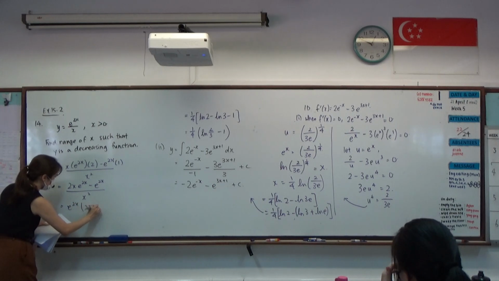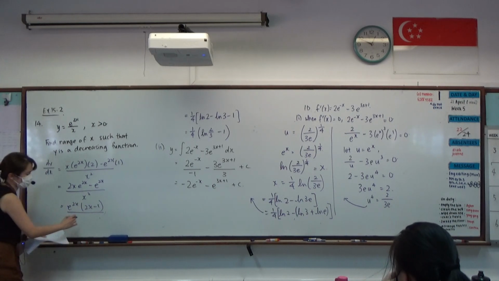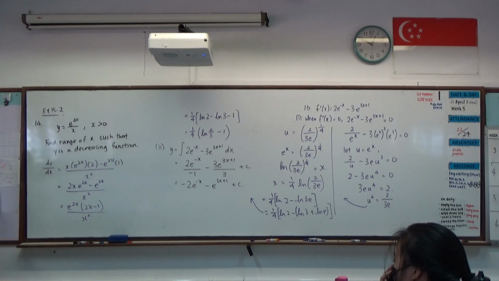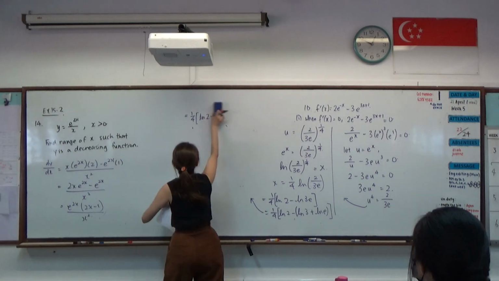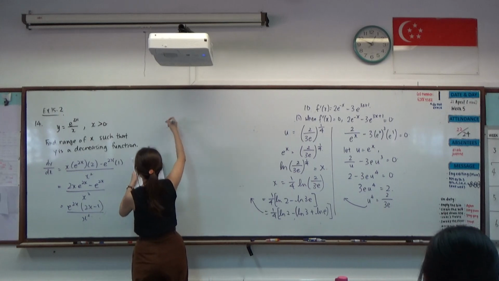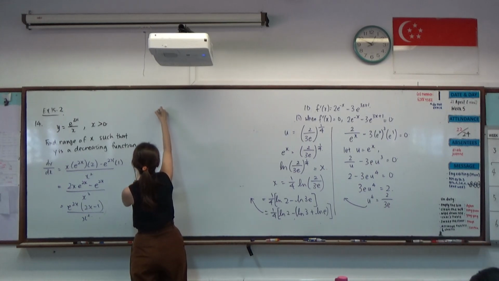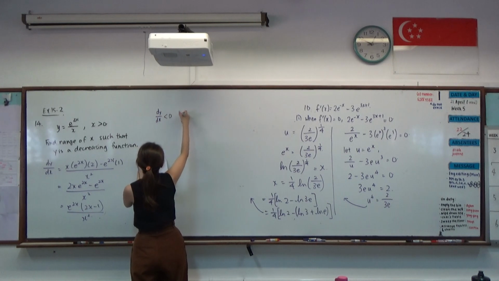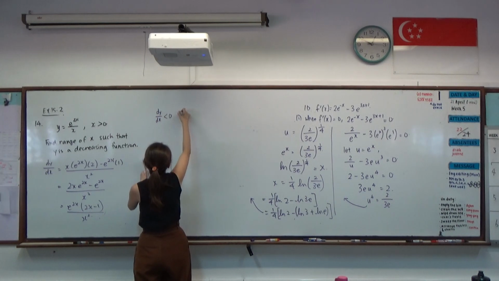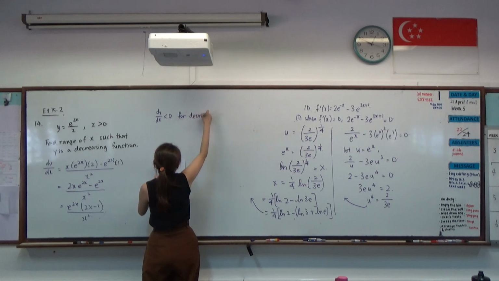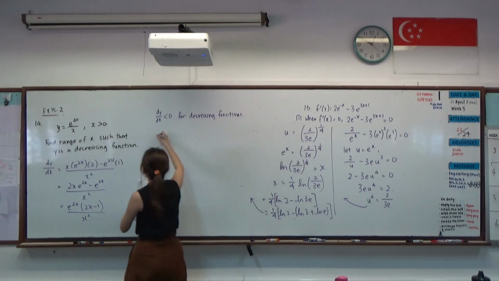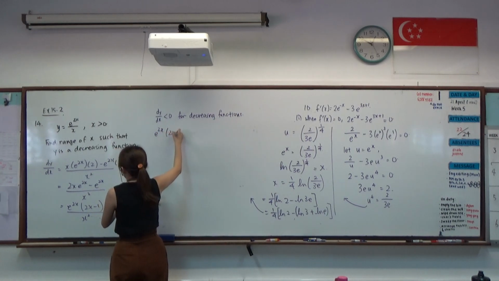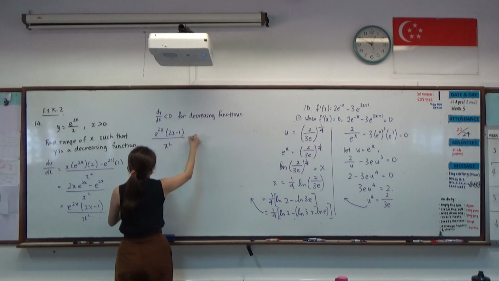As a general rule of thumb, we try to factorize as much as possible. Then you can also tell me that dy over dx is less than 0 for decreasing functions.